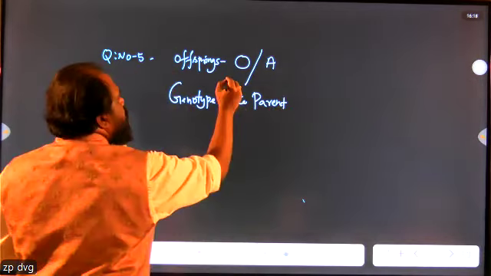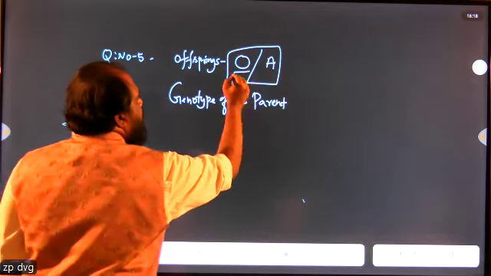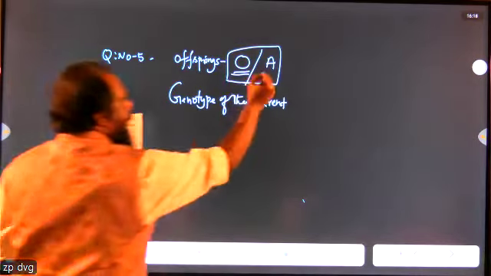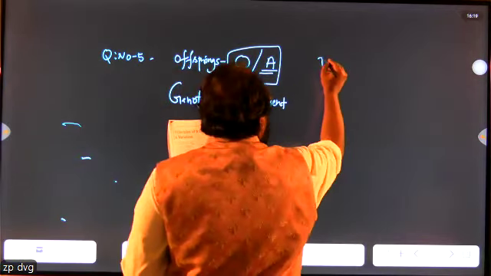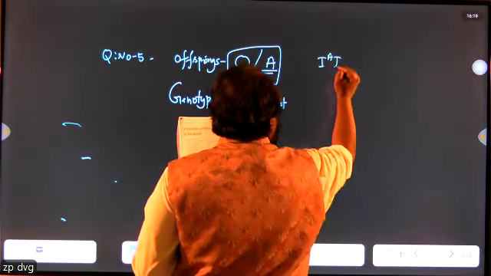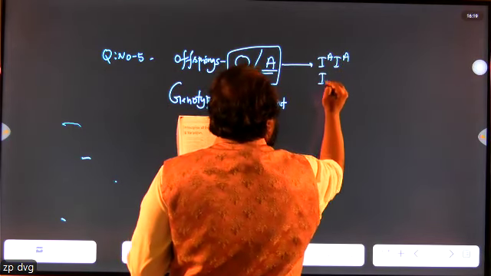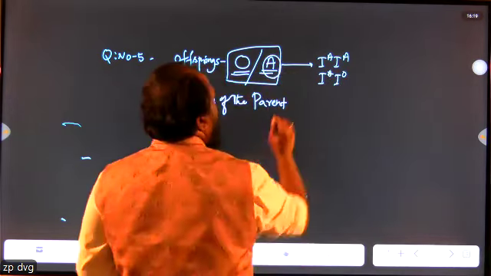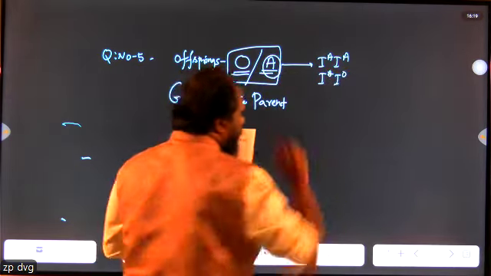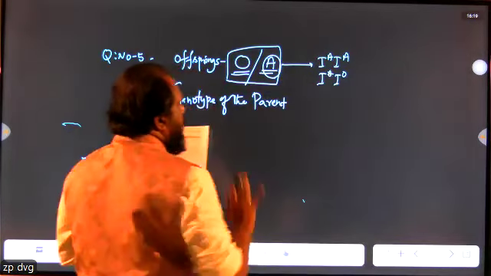From this, you should understand that O blood group is a recessive blood group and A is a dominant blood group. A may be due to IA IA, homozygous condition, or A may be due to IA IO. I'm talking only about A. Because A is dominant.